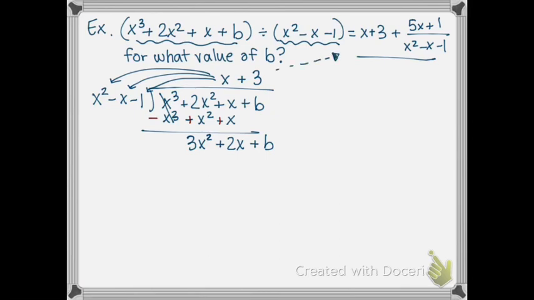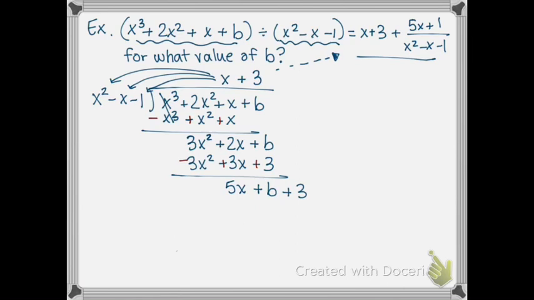Okay, so distributing, we get 3x squared minus 3x minus 3. Again, carefully changing the signs to their opposite. And then adding, we get 5x plus b plus 3.